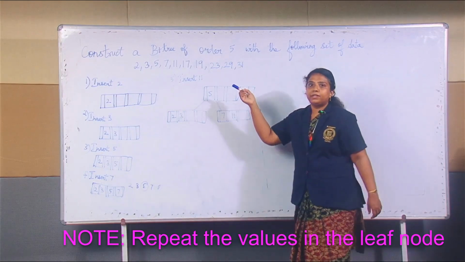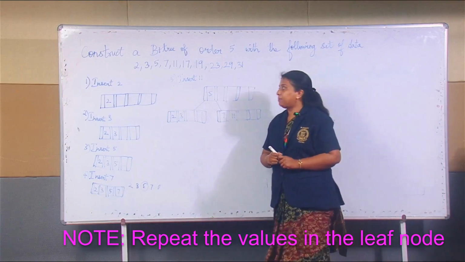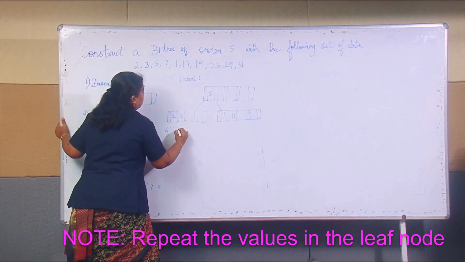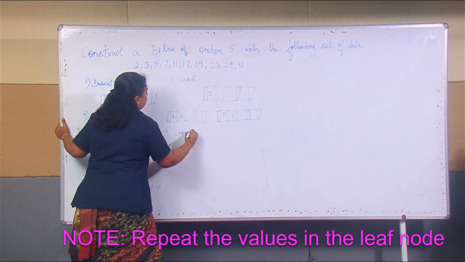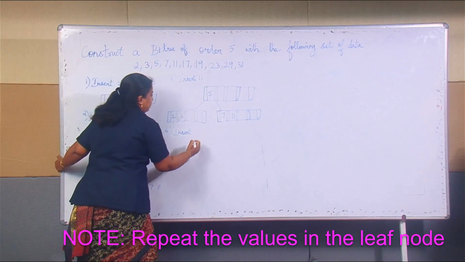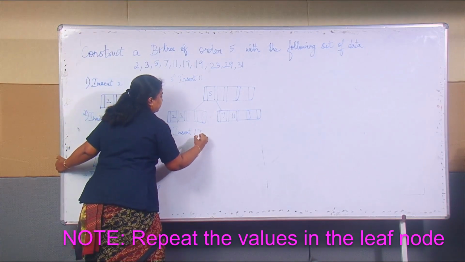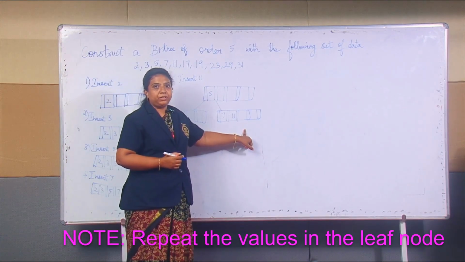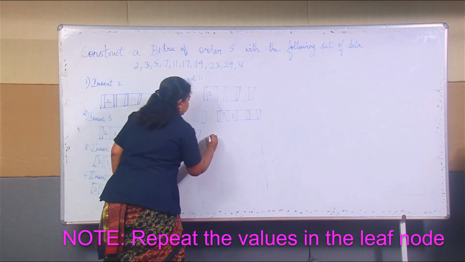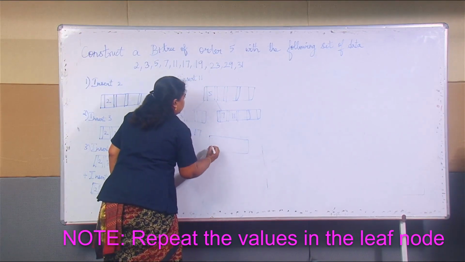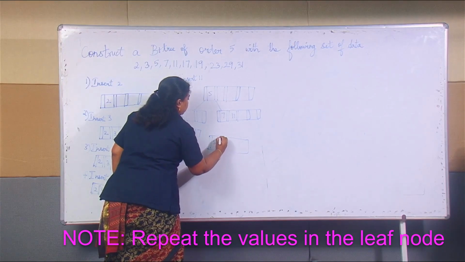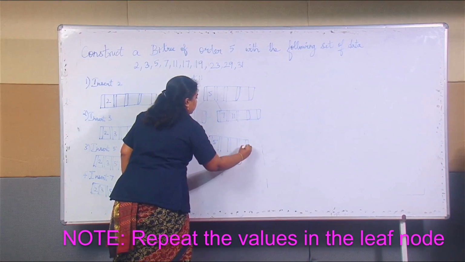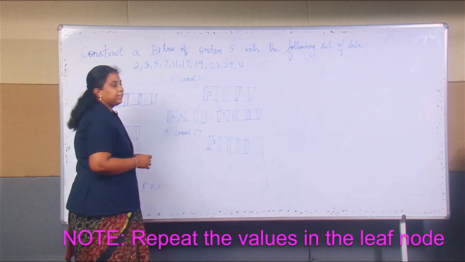Next, the value to be inserted is number 17. That will be step 6. 17 can be inserted on the right hand side of 11. So now we'll have 5 as the root node.